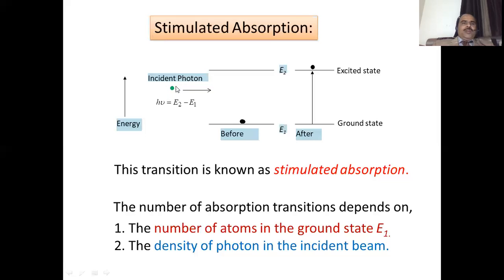Now if we supply an incident photon of energy equal to the energy difference E2 minus E1, then this energy is absorbed by the atom, molecule or system in the ground state, and it goes to the excited state E2. So by absorbing energy, it goes from E1 to E2, that is ground state to excited state, and this process is known as absorption or stimulated absorption. Remember, absorption is always stimulated.